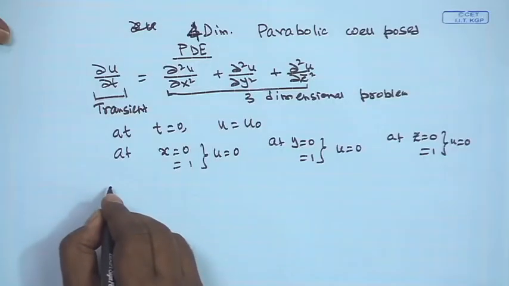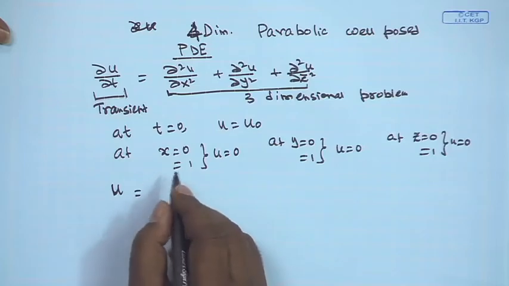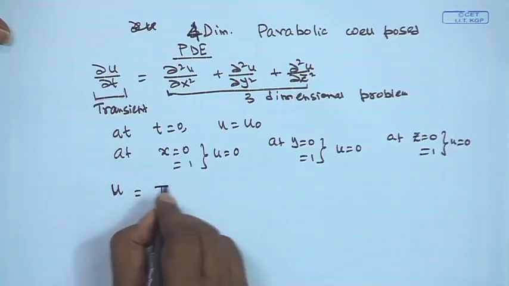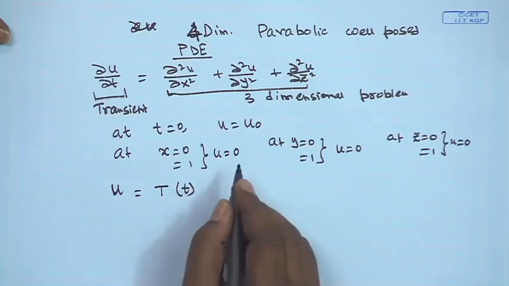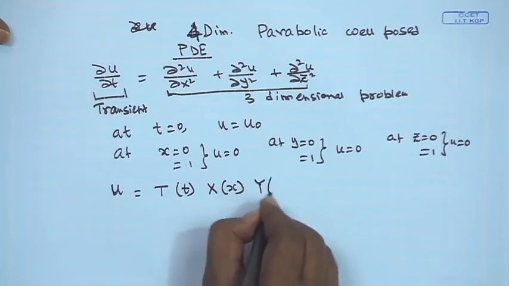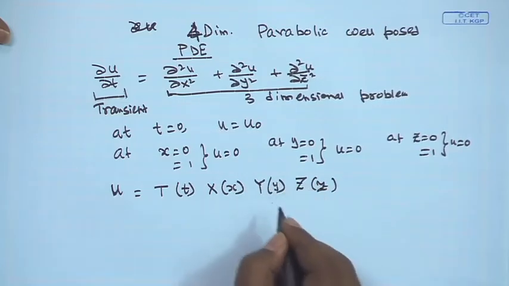If you go ahead with a separation of variables type of solution, then u will be considered to be a product of 4 independent functions: a function of time alone, a function of x alone, a function of y alone, and a function of z alone.